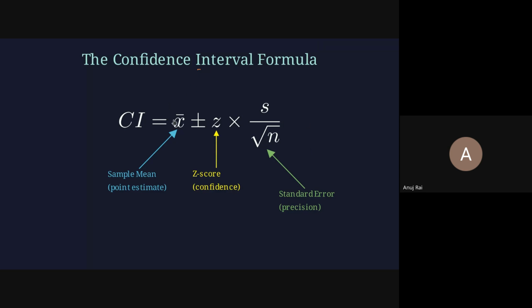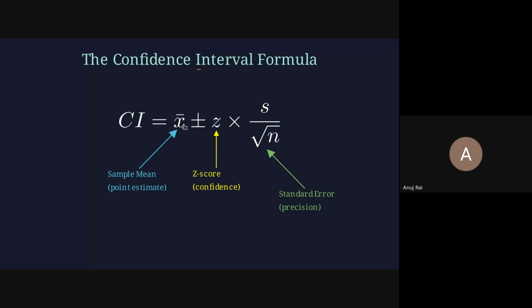In order to calculate the confidence interval, you take the sample mean. The Z score is calculated based on the accuracy you want. The higher the confidence percentage you want, let's say 99%, the wider your range will be.